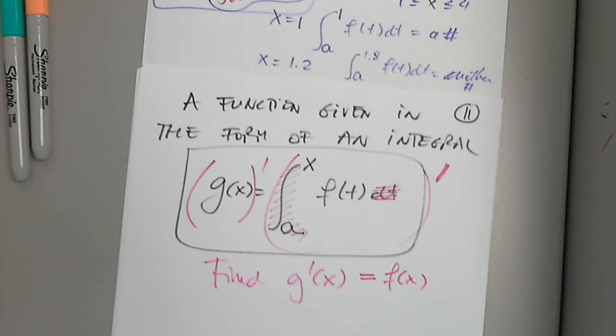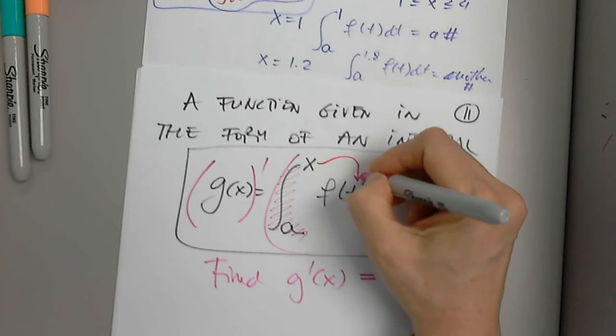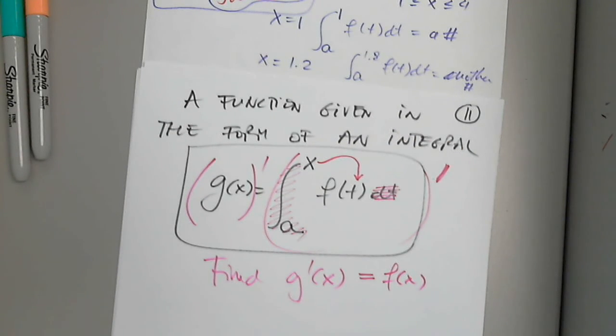Exactly. F of x. That's exactly what happens. And that's part one. That's it. And now we're going to be given functions in the form of integrals to differentiate. That's it. Yes? When we differentiate an integral, we get the function. Yes.